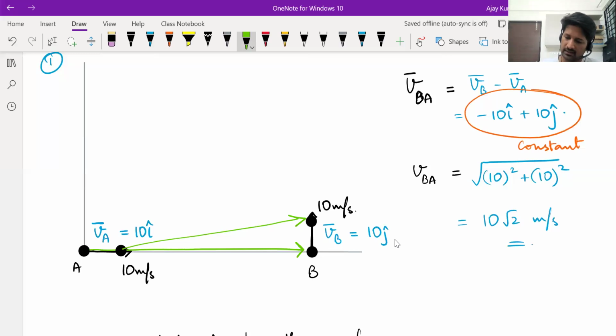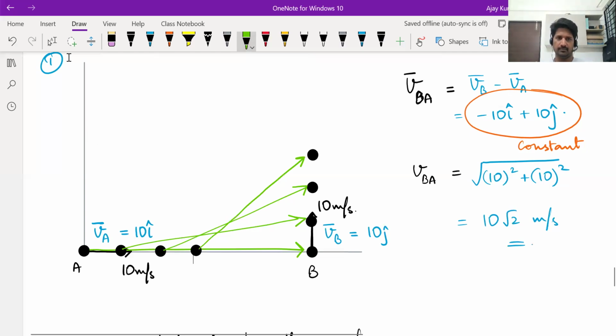Another instant later, A will continue moving forward this way, B will continue moving forward this way, and now if A looks at B it appears to be at an angle like this. This is the position of B as seen by A. Another instant later, A here, B here, and A observes B. This is the position of B relative to A. So these are all positions of B relative to A in the actual situation.